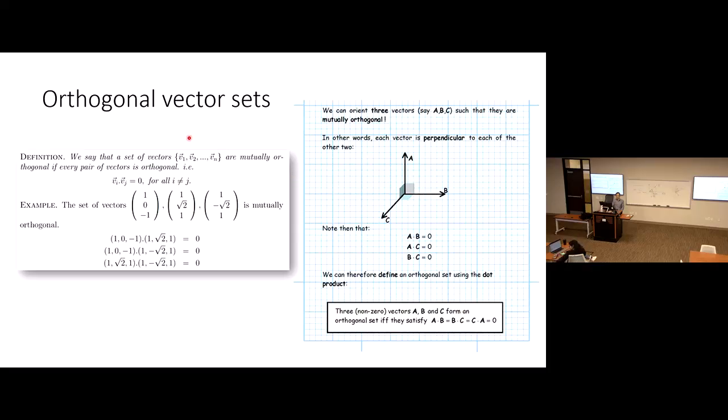So this is 3D. You can define 4D, higher dimensions, same idea. If you look at these three vectors, each pair of them has a dot product equal to 0, meaning all three are orthogonal to each other.